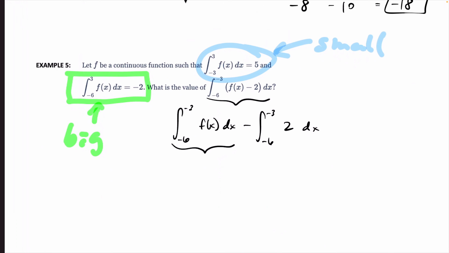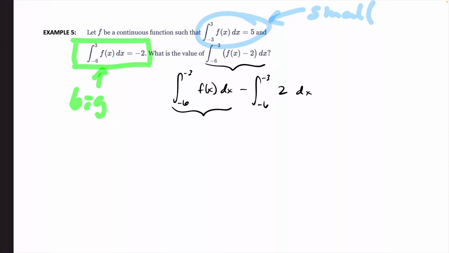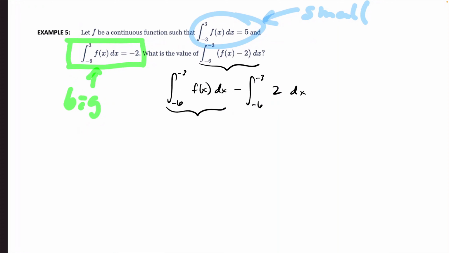Okay. All right. So again, sometimes you need to draw pictures to see it. It's okay. Draw pictures to see it. Let me draw the picture here.